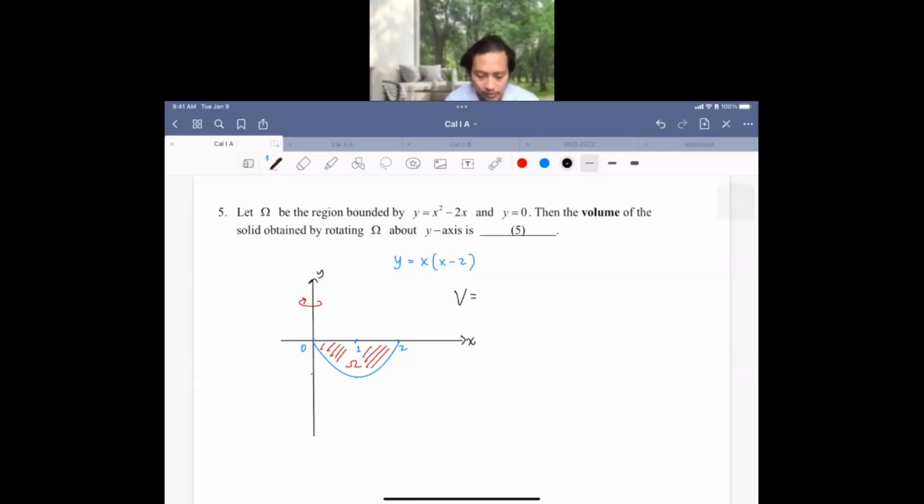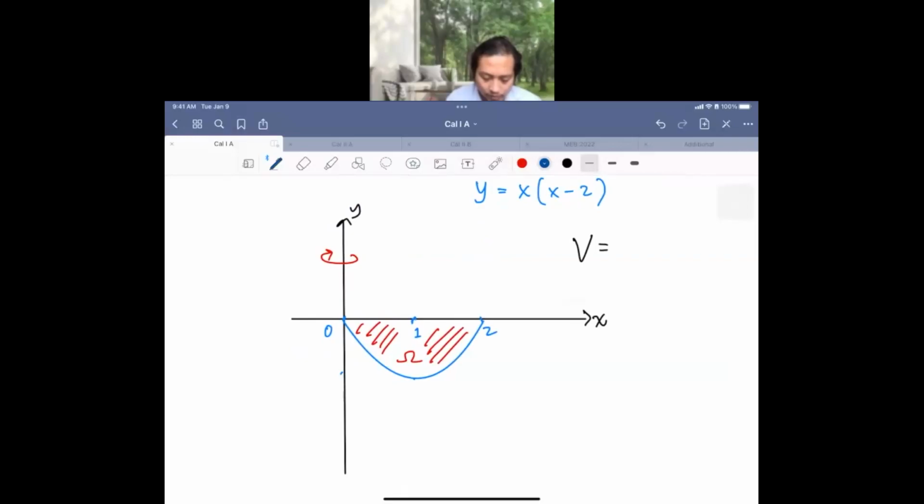So the volume will be, let me explain here, through the rectangle here. So we are going to use the cylindrical shell.